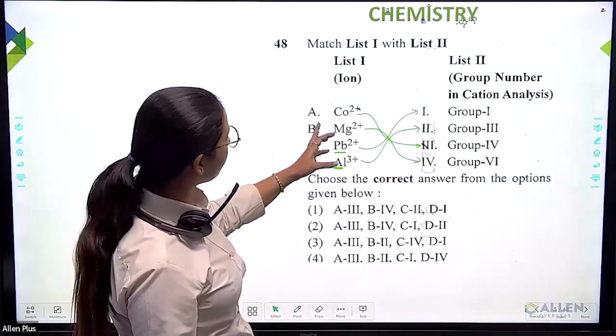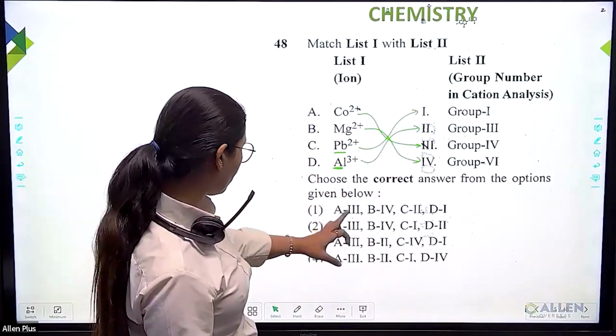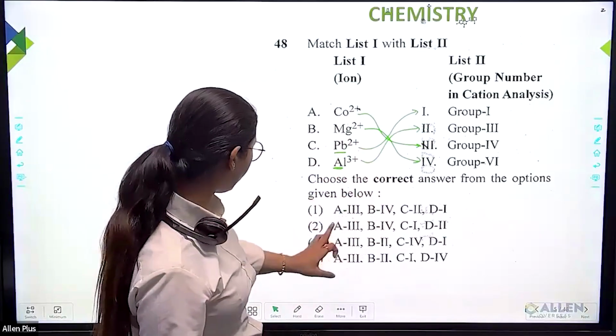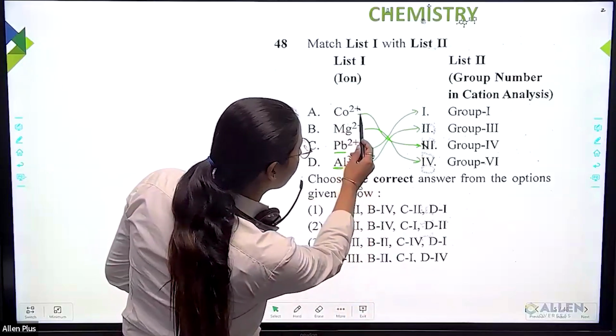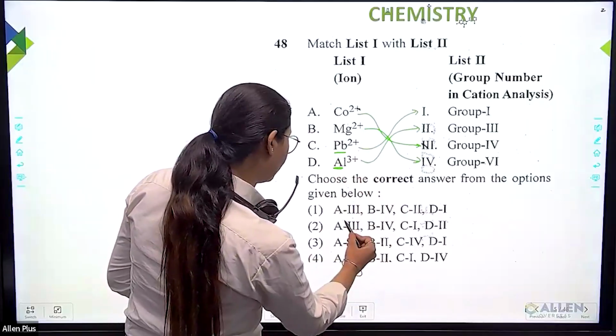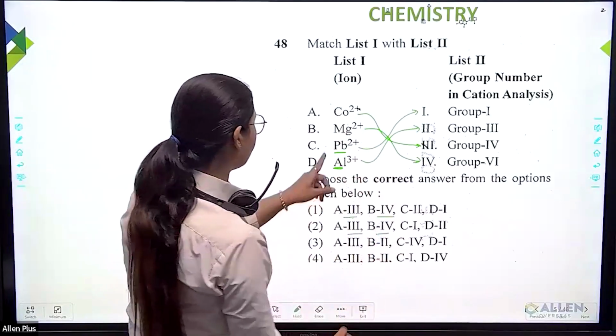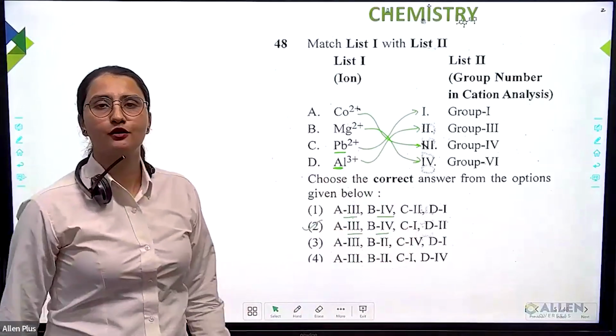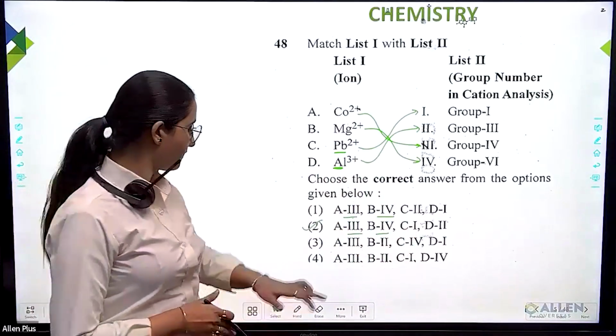So match the following. A is 3, B is 4, C is 1, D is 2. Option 2. Correct?